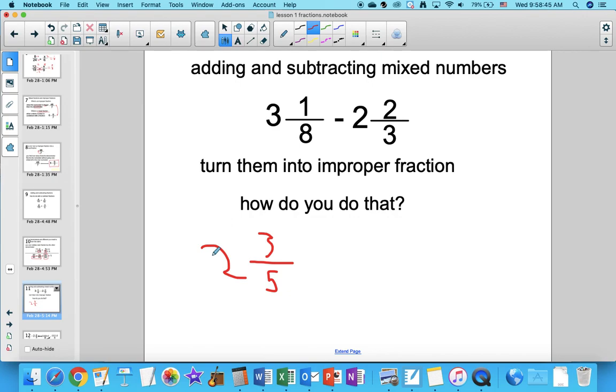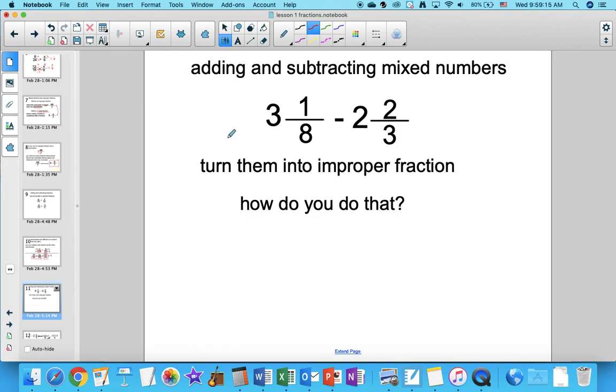And this whole number is telling me how many sets I have. I have 2 sets, and each set is 5. So I have 2 sets of 5, which means that's 10. So I can go 5 times 2, which is 10, and then I just add it to the top. So 5 times 2 is 10, add 3, it's 13 over 5. That's how you turn a mixed number into an improper fraction.